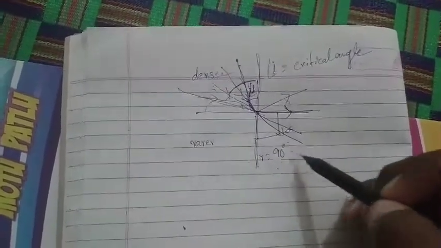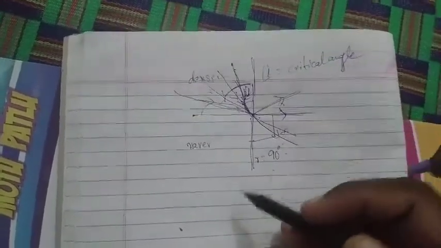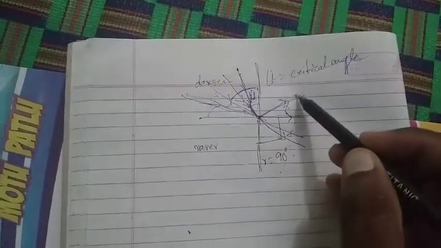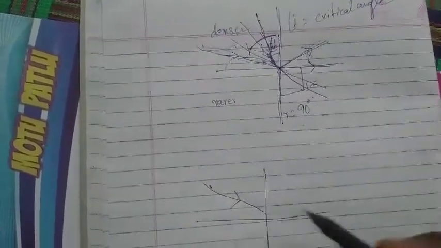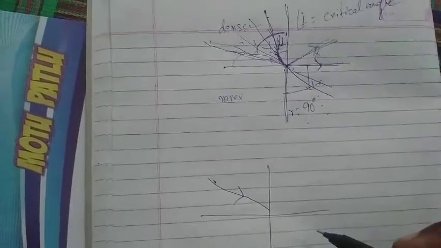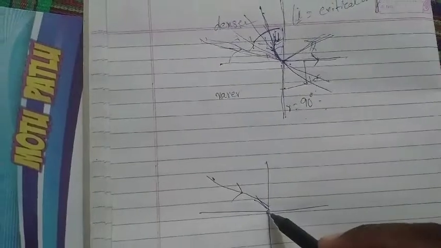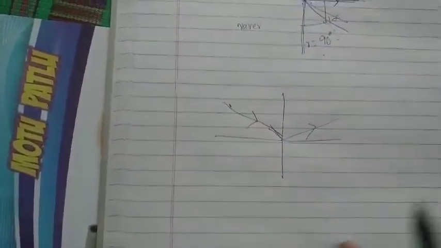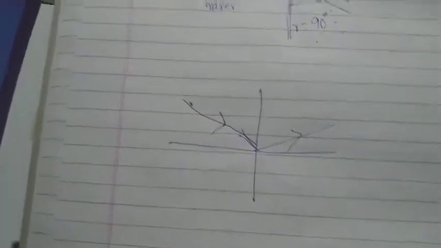The light ray, instead of going into the rarer medium, is getting back into the denser medium. So this is the incident ray and this is the refracted ray. Once again we can check it in another diagram. So this is the incident ray beyond the critical angle. Then the ray goes back into the same medium.